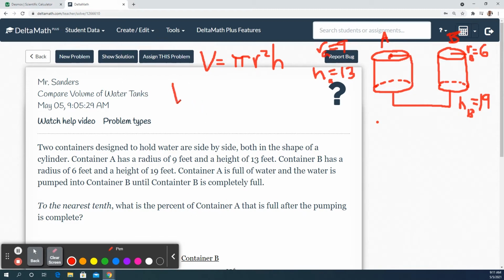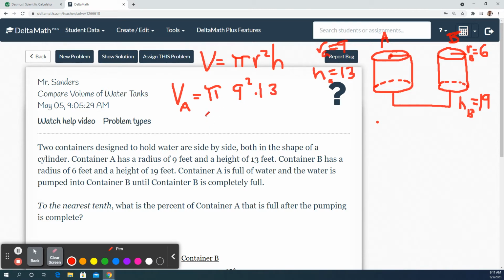So let's go ahead and start with volume of tank A. I'm using capital A here. Let's make sure everything matches. Volume of tank A is equal to pi r squared times the height. R is 9 for tank A, and the height is 13.